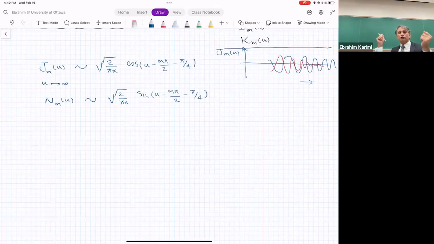There are two solutions to, let's say, the harmonic oscillator differential equation. One looks like a sine, the other looks like a cosine. So that is telling us that Jm and Nm are like sine and cosine of the differential equation for really large values.